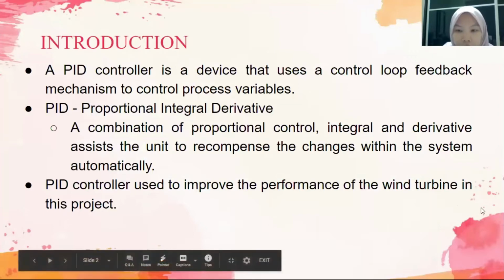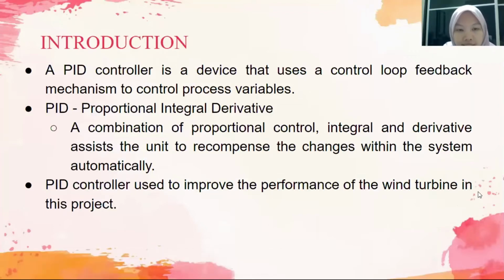So a PID controller is a device that uses a control loop feedback mechanism to control process variables such as pressure, temperature, and others. This device is commonly used in industrial control applications. It stands for proportional integral derivative.